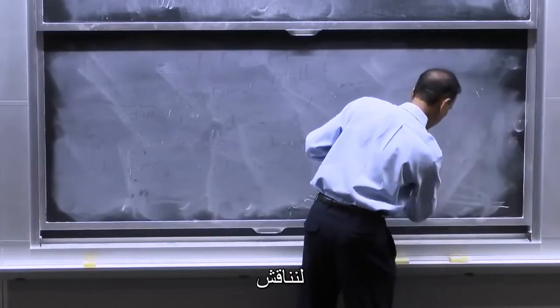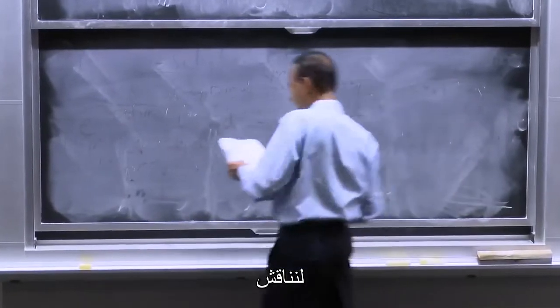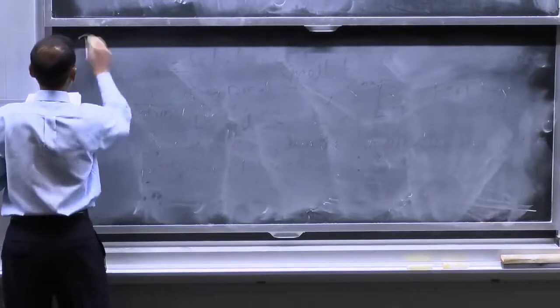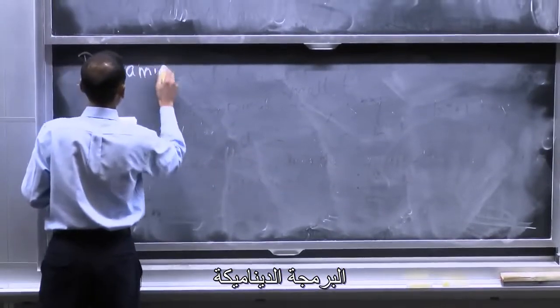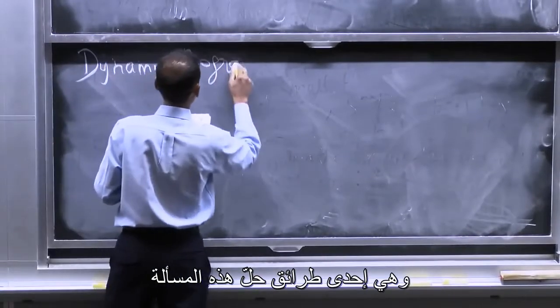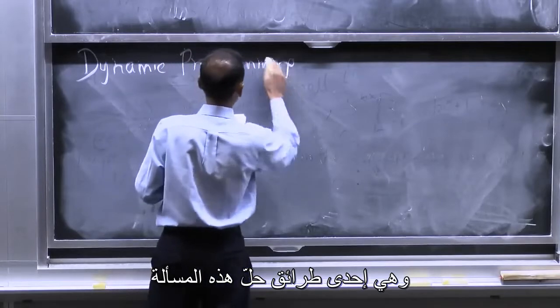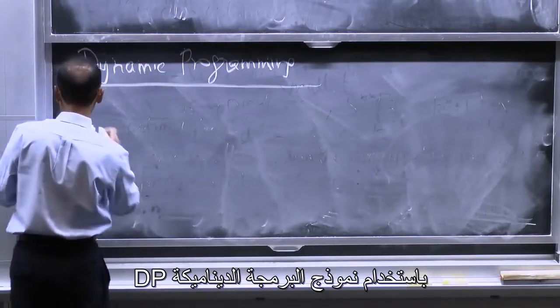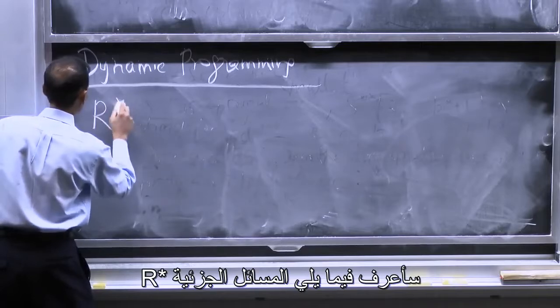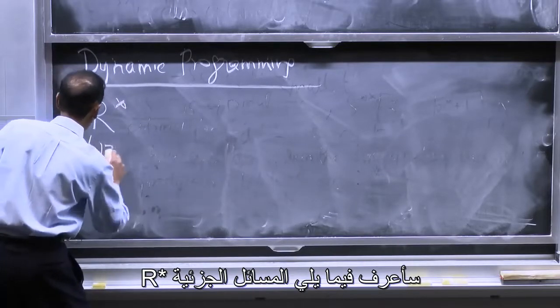So let's look at dynamic programming, one particular way of solving this problem using the DP paradigm. So what I'm going to do is define subproblems R star.